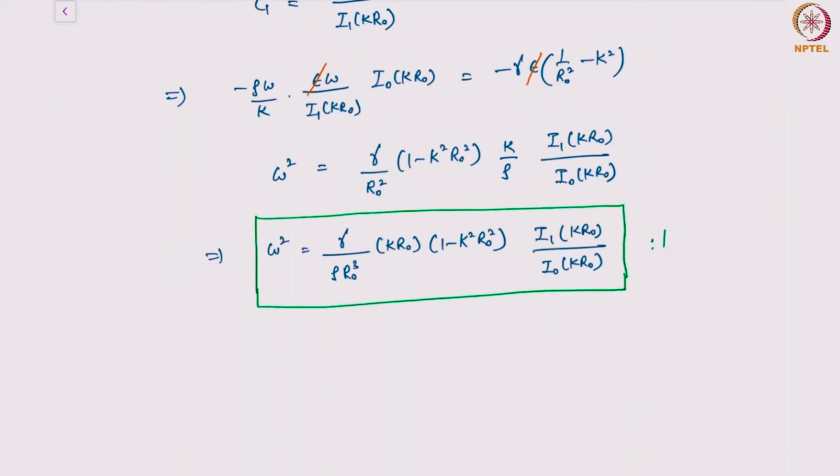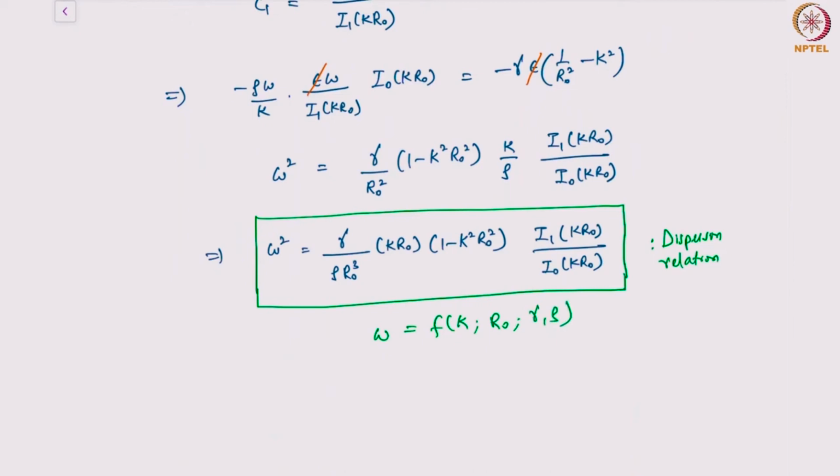So this is called the dispersion relation, because it tells me the relationship between omega as a function of K, right, and other geometric parameters like R naught and material parameters like gamma and rho.